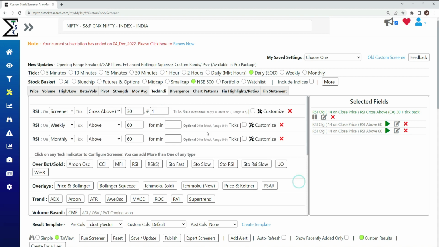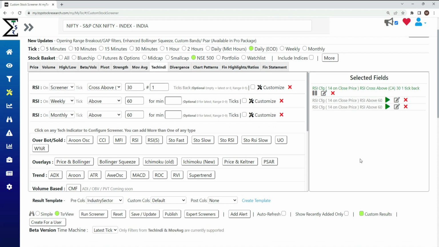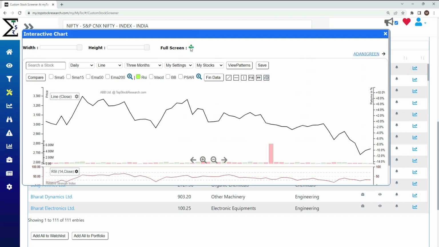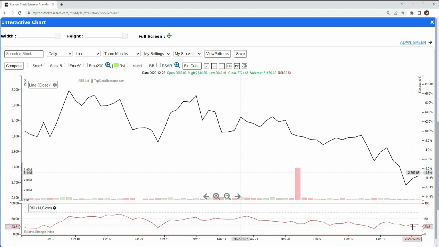So even your entire testing is on the latest data, only the RSI cross above goes into the previous tick. When you run this, RSI has crossed above 30 on the previous tick. So this is how you can mix and match your strategy.